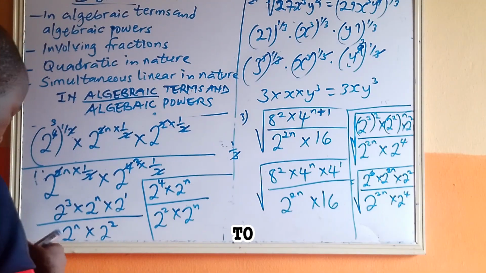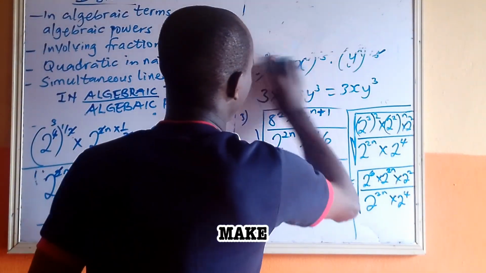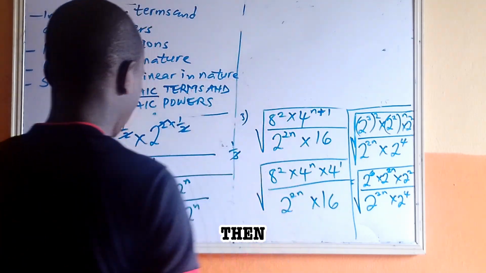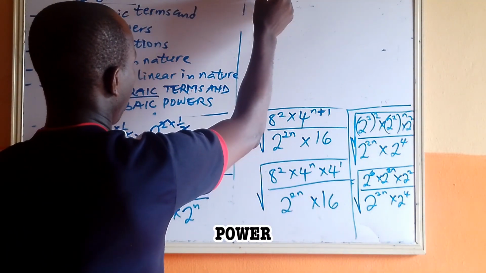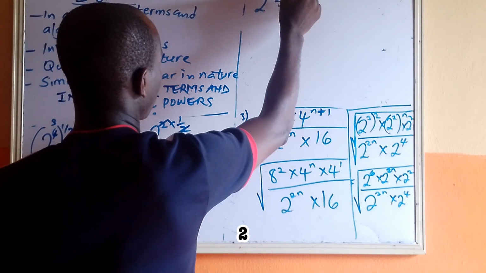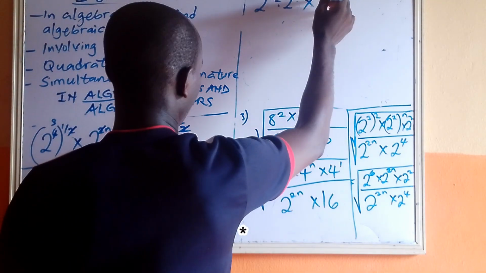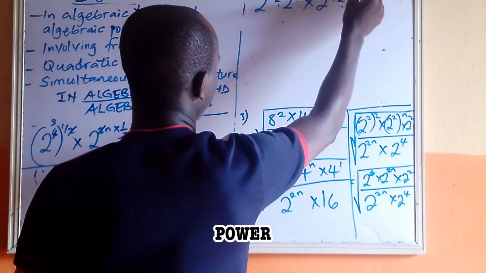So if I want to take the rules, I have to make a number with a number, then letters with the letters. So I will be having 2 raised to power 4 divided by 2 raised to power 2 times 2 raised to power n divided by 2 raised to power n.